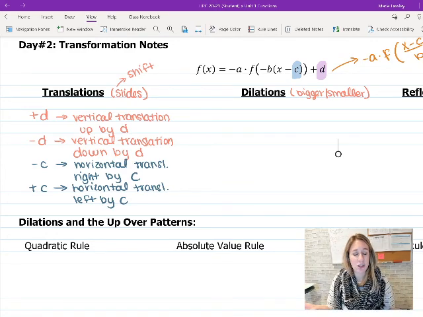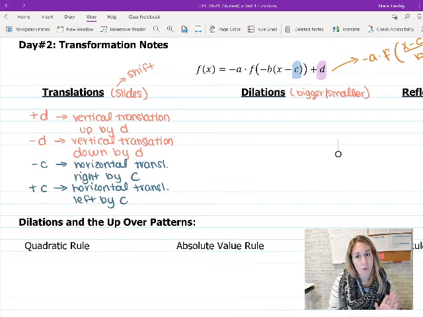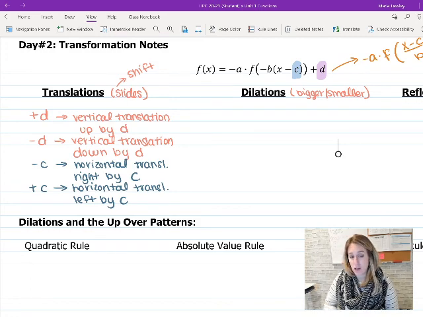That's how translations work. Okay, so that is our two types of translation. We have vertical and we have horizontal. Vertical translations are whatever D is on the outside, and horizontal translations are whatever C is on the inside of your function. All right, moving on to dilations.